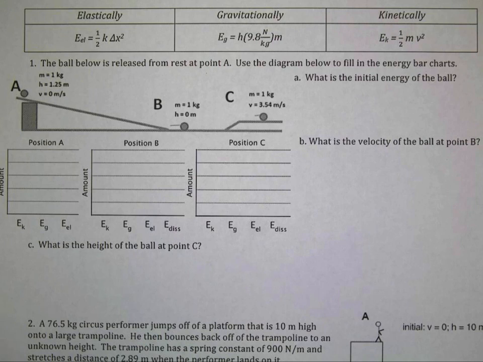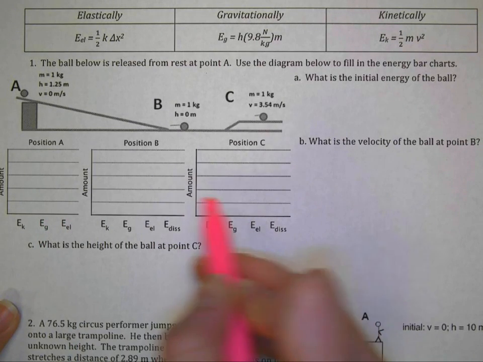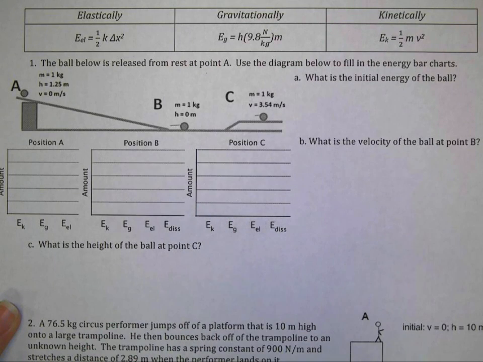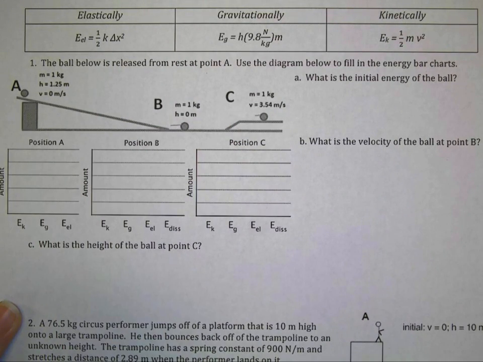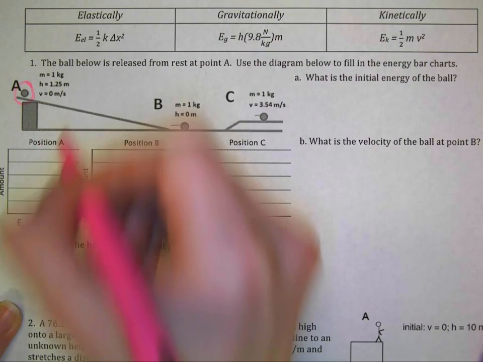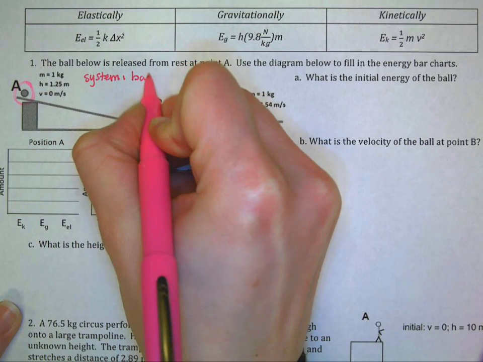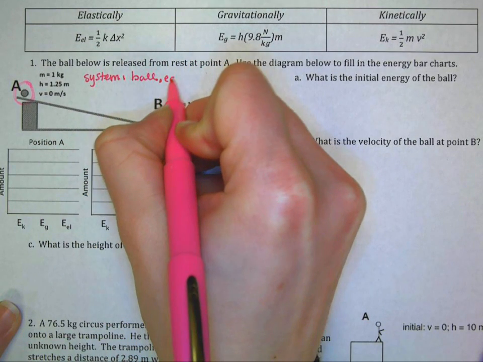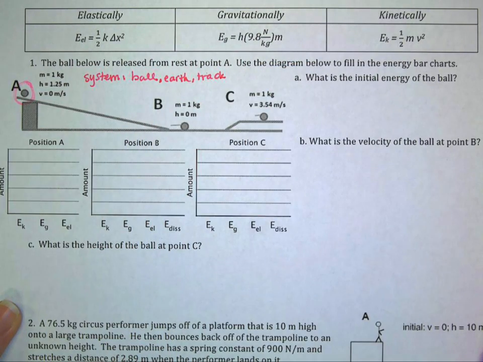Our bar charts, again, would show the conservation of energy throughout the different positions in time. At the first part, not to forget, we define our system. Our system would be the ball, the earth, and the track that it's on.